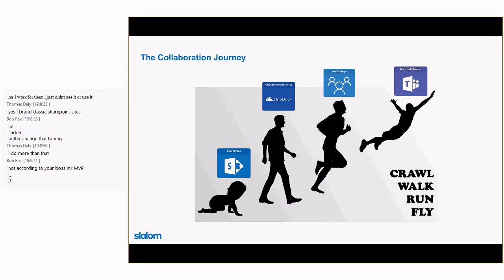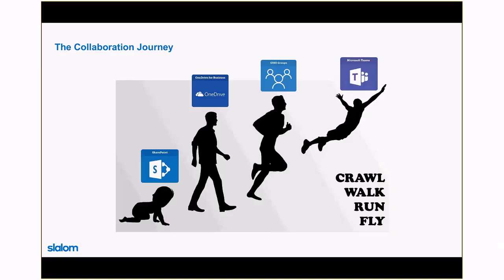In fact, if you look at my collaboration journey, and this is my guidance to organizations, it starts with SharePoint, getting people familiar with getting files off of their desktop and putting them in a central location. Sending links to files versus sending people the actual attachment is a great first step to working more productively. From there, get comfortable with having the files on your local machine sync up to a place in your OneDrive, having that working process, right?